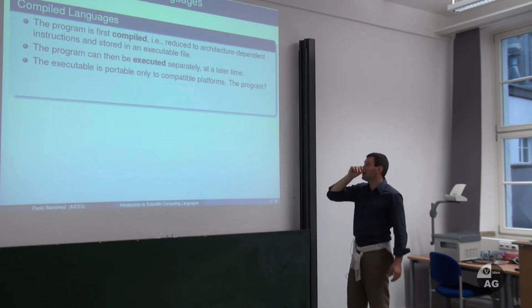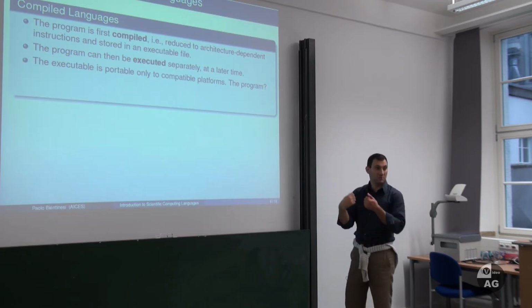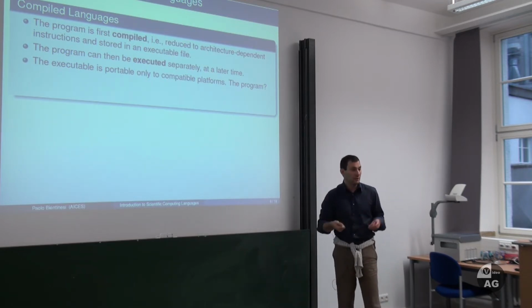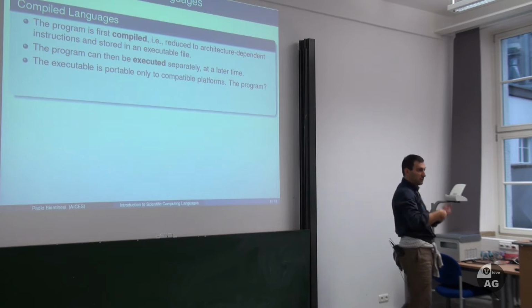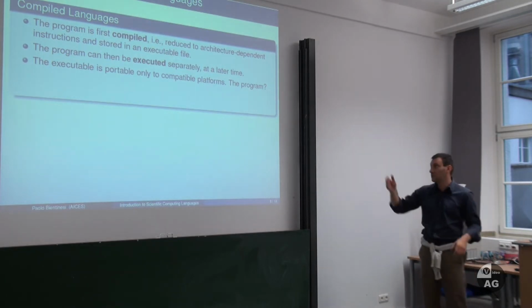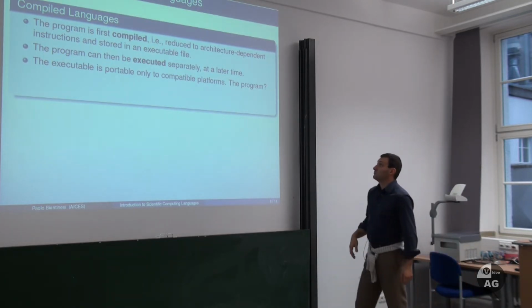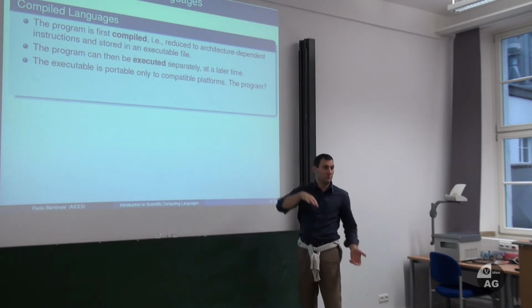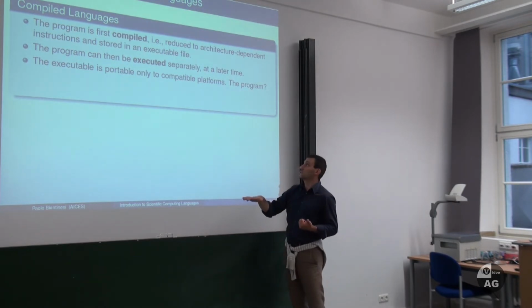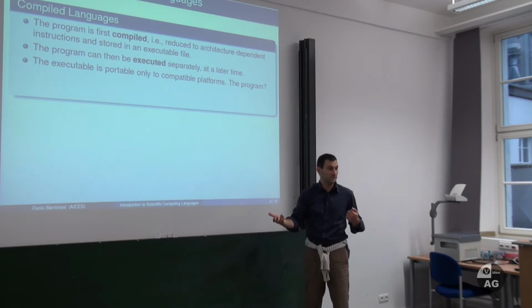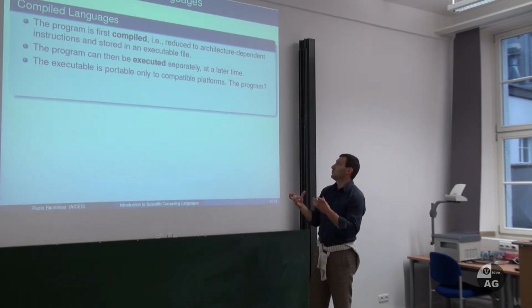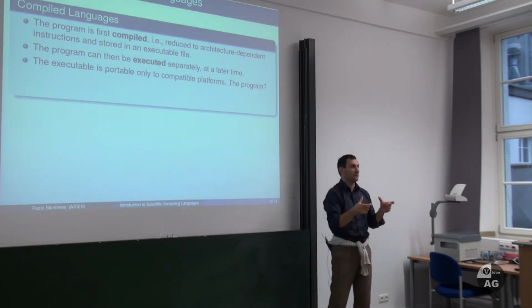You don't need the source anymore. You can just use this executable. You can keep this executable and reuse it years later, or you can even reuse it on compatible architectures, compatible computers. So the executable basically becomes your program.